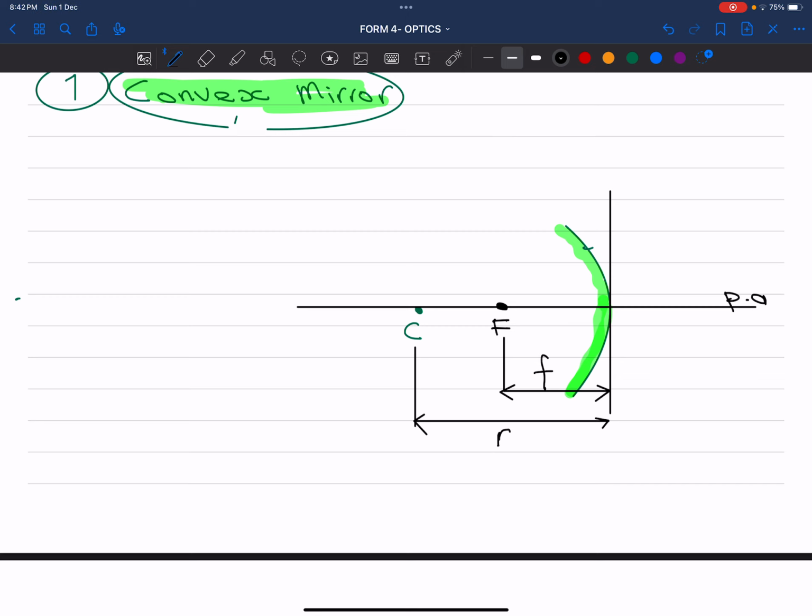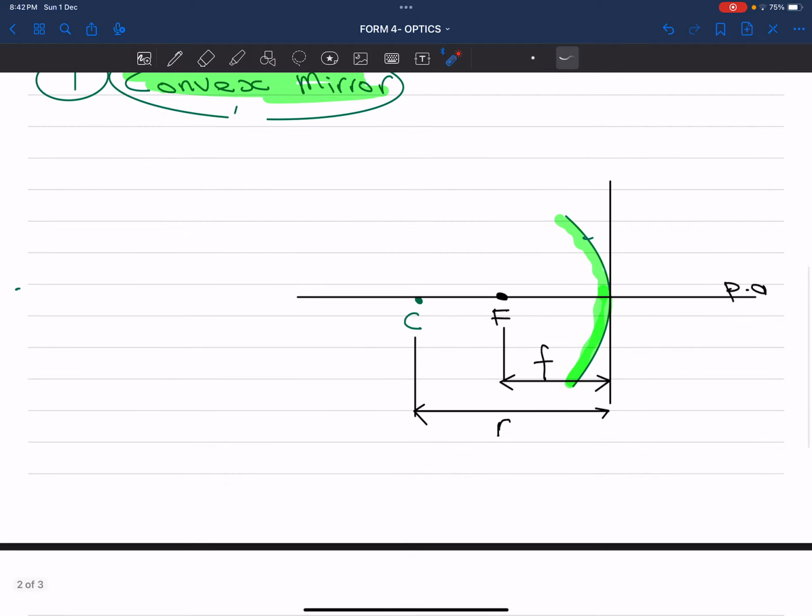Okay, so we have the principal axis going through the C, and the distance between the C and the mirror, or the vertical line, is the radius R, and on the principal axis we have a point called F, focus point, and the distance between the focus point and the vertical line is the focus length or focal length, symbol small f.